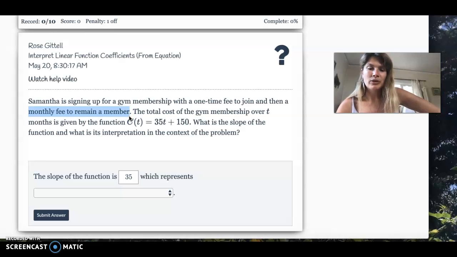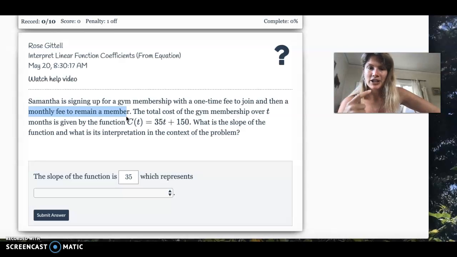So the number, the slope, which is next to the variable, is going to represent the monthly fee, because the slope is always some sort of rate of change. It's always some number that's representing change over time.